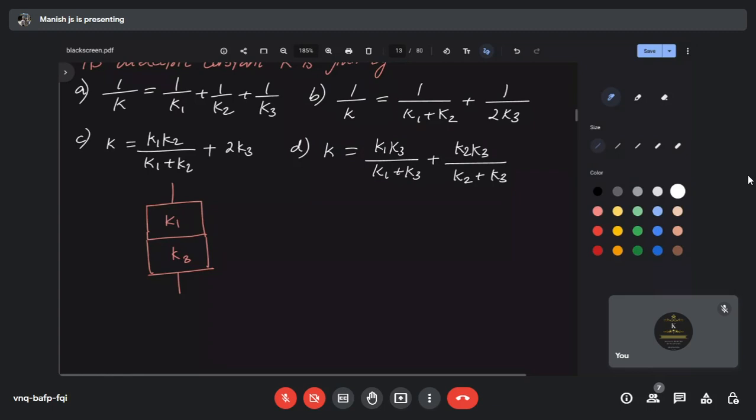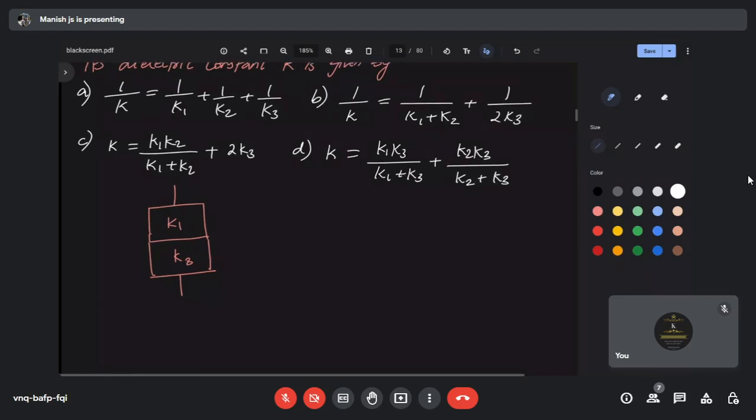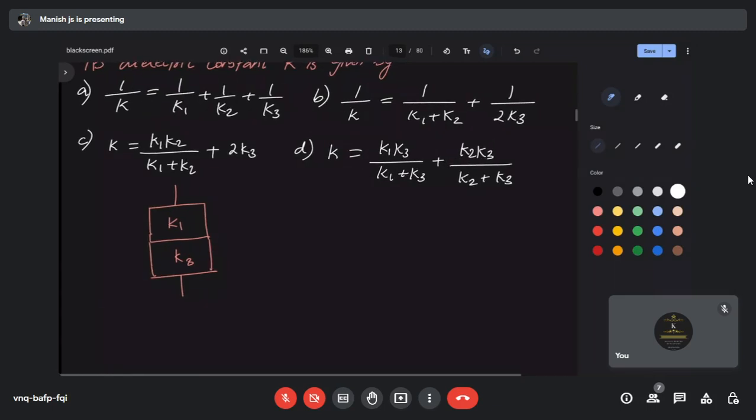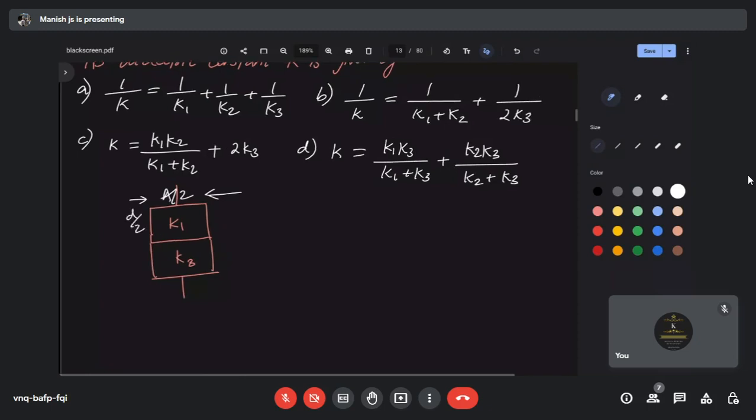We don't even need to solve. See here, this is A by 2, the area for this. All this was given in the question itself. And this one was D by 2, this length. So all that was already mentioned.